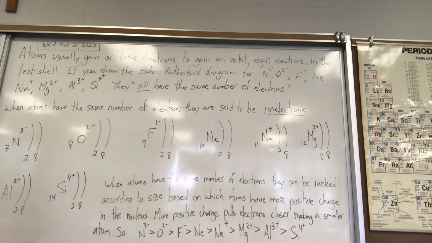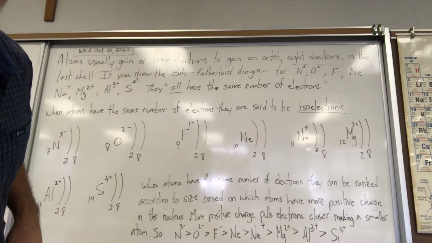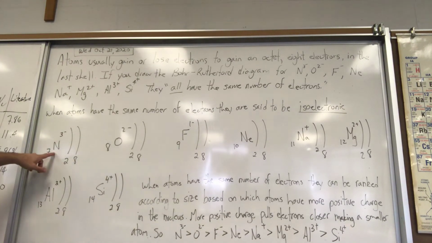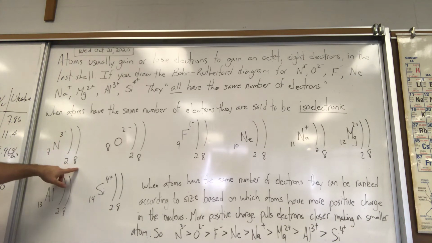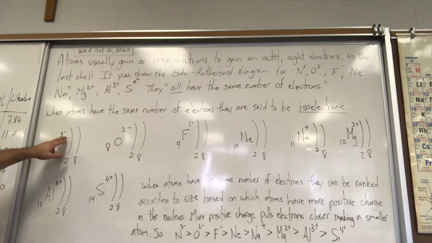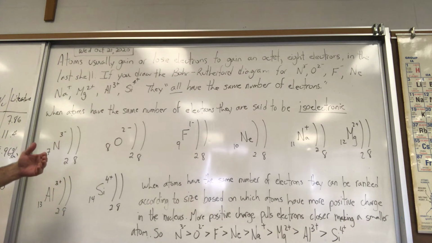You see that nitride has 7 protons and a charge of -3. And when you look at the electron configuration, because it has a charge of -3, it means it has 3 extra electrons. To get a neutral nitrogen atom, you only have 7 electrons because there's only 7 protons.